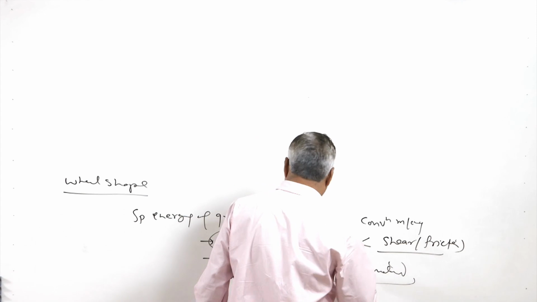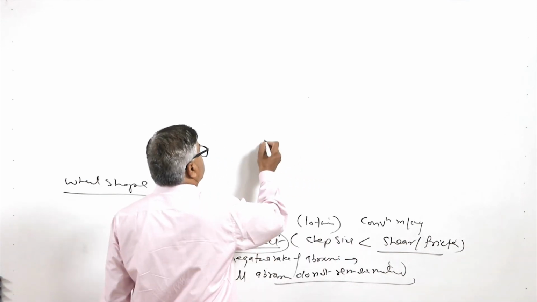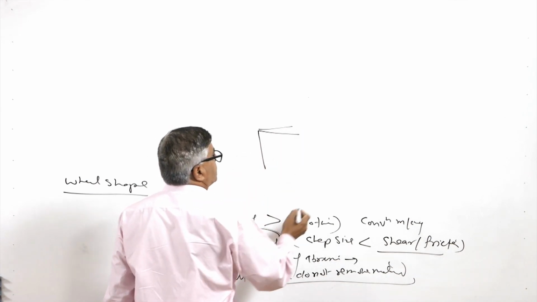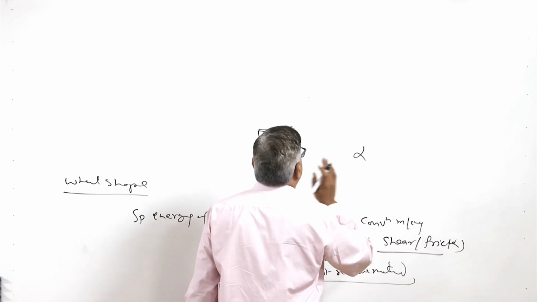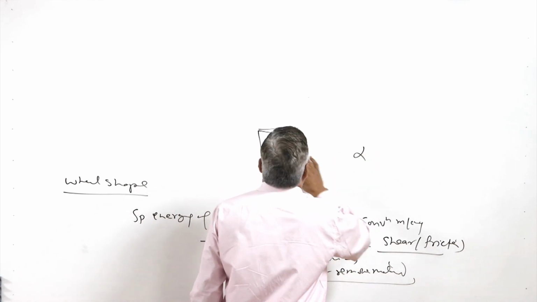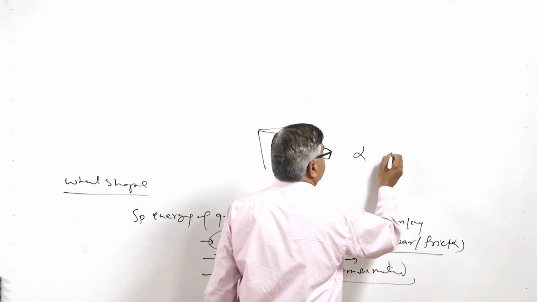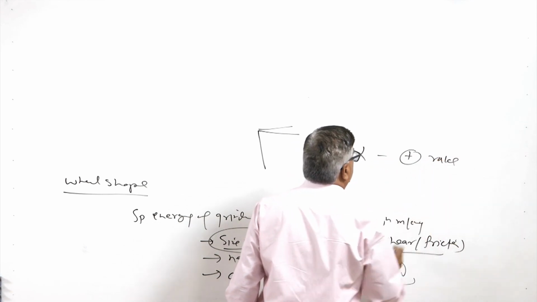Another effect is the negative rake. Conventional milling basically uses the positive rake, alpha is positive rake.